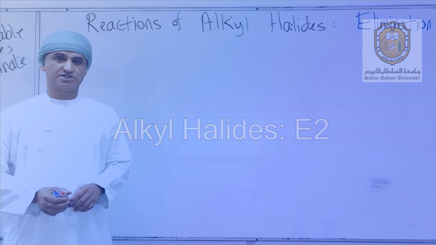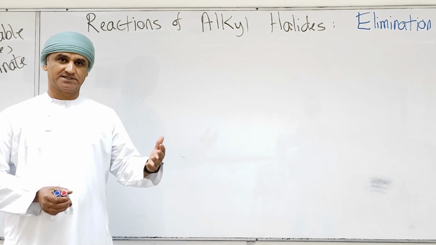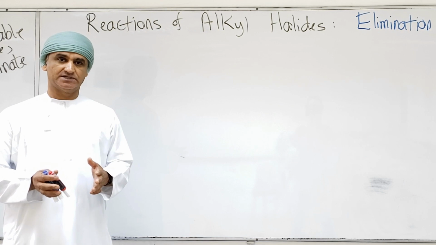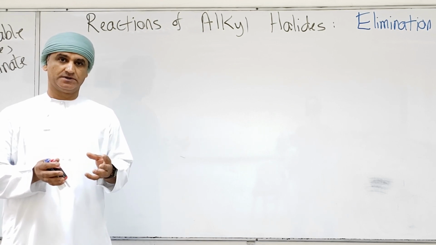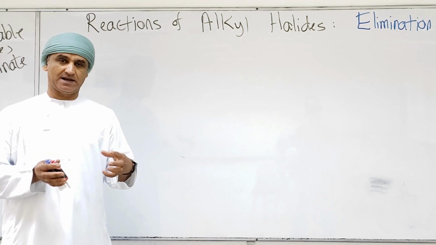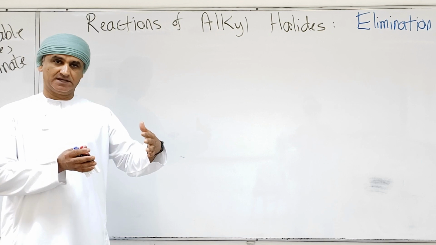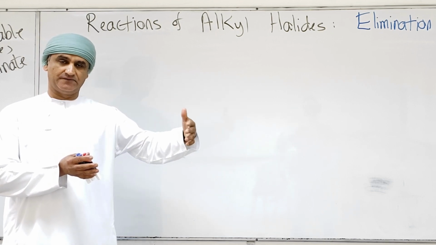We learned in the introduction session on the elimination reactions of alkyl halides that alkyl halides can undergo elimination reactions if they are treated with a base. In the elimination reaction, the base removes a proton from an adjacent carbon, there is formation of a carbon-carbon double bond, and there is also departure of the leaving group.